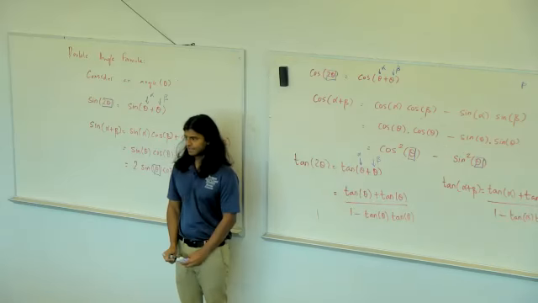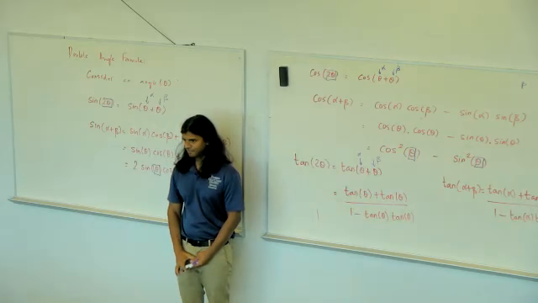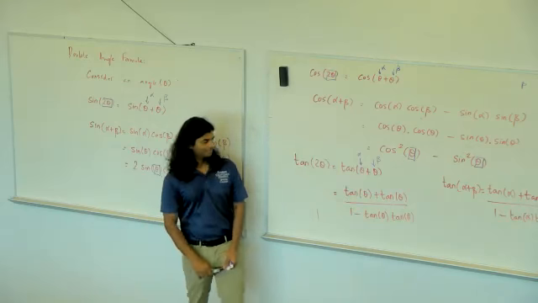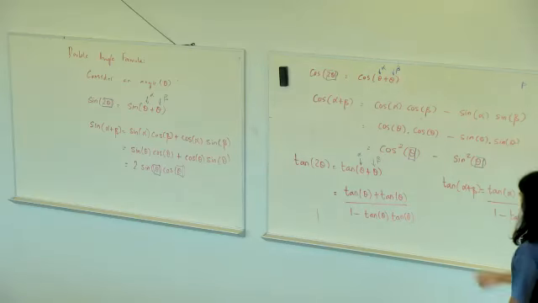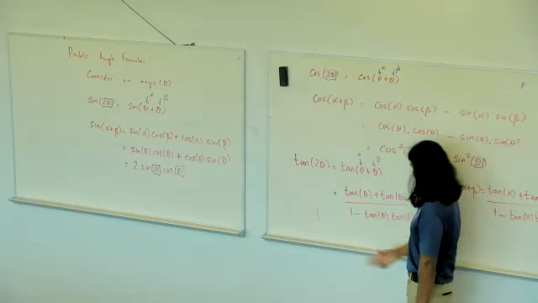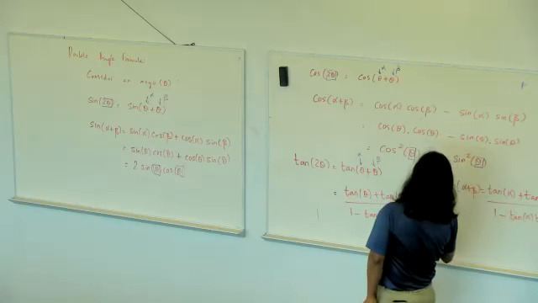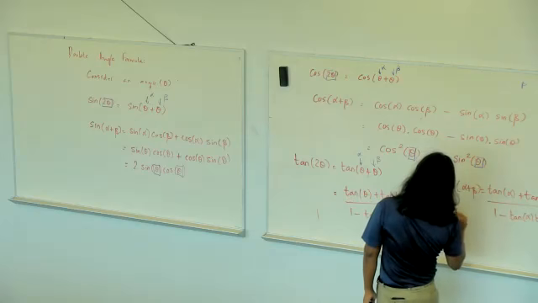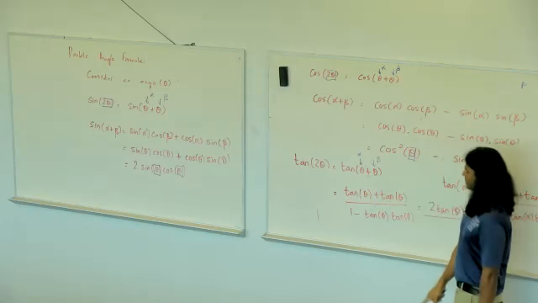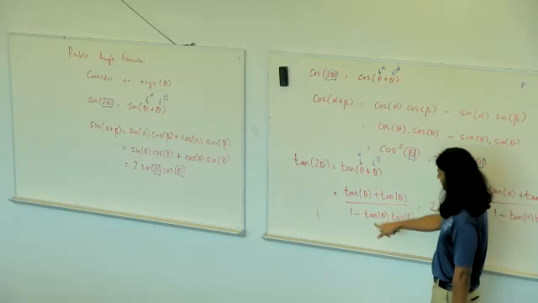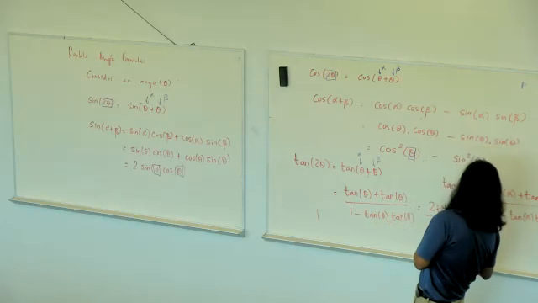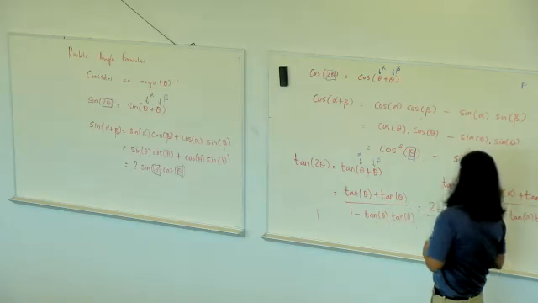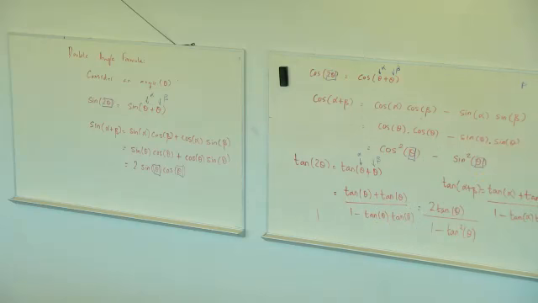Did I do that correctly? All I did is replace alpha by theta and beta by theta. So numerator, tangent theta plus tangent theta, 2 tangent theta. Denominator, 1 minus tangent theta times tangent theta, one minus tangent squared theta. Good.